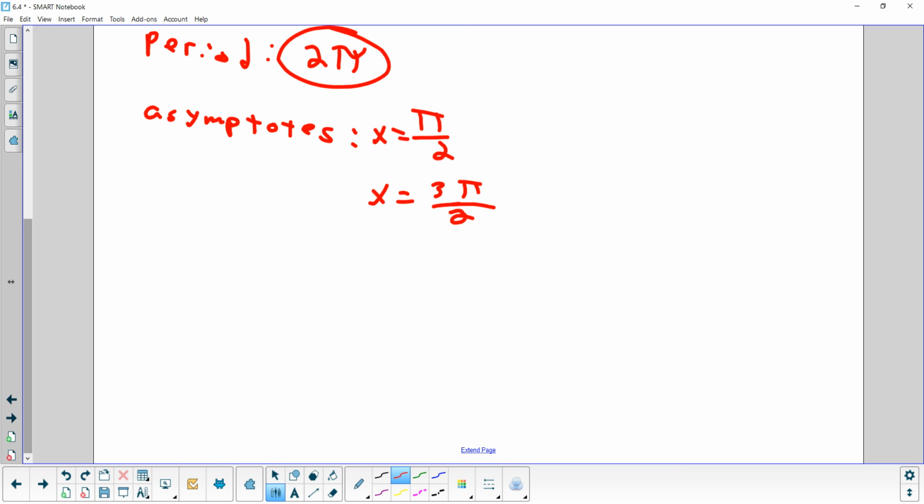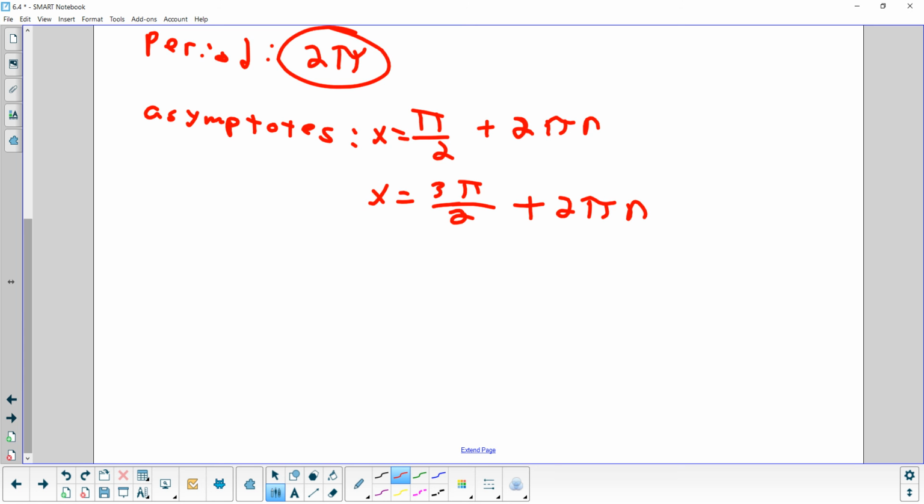In general, every 2 pi. Every cycle. Well, what's a cycle in this case? Every 2 pi. So this asymptote is going to repeat every 2 pi units, and this asymptote is going to repeat every 2 pi units.